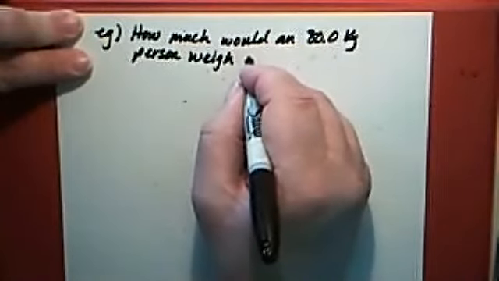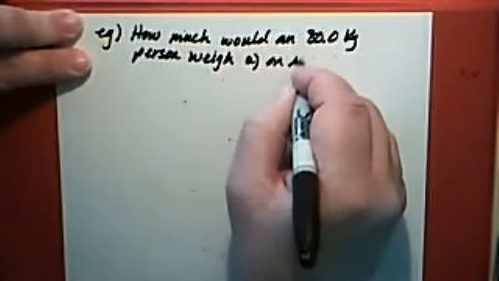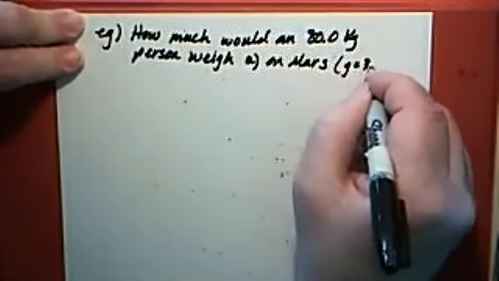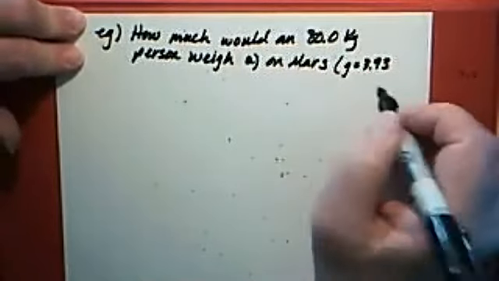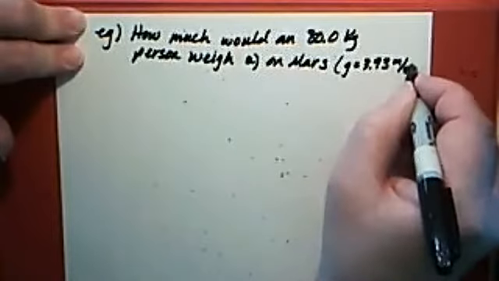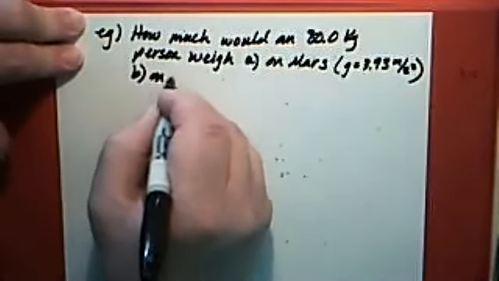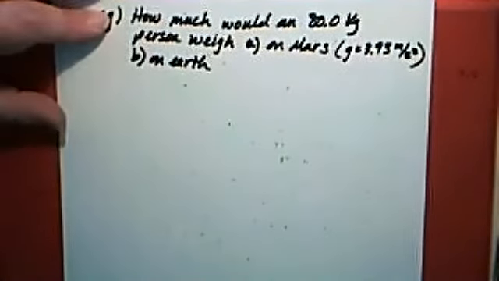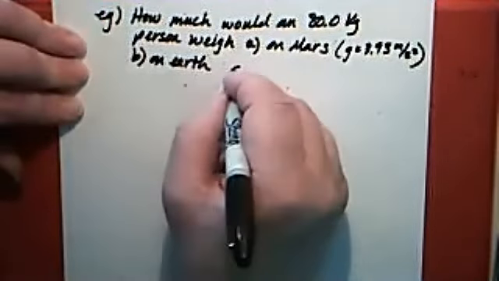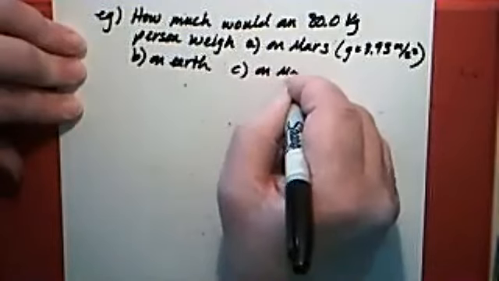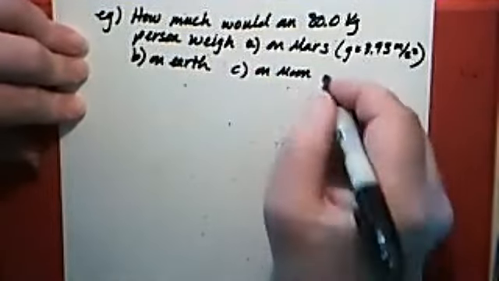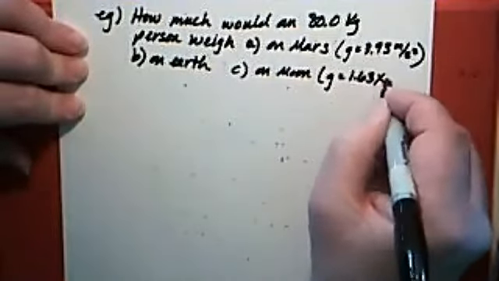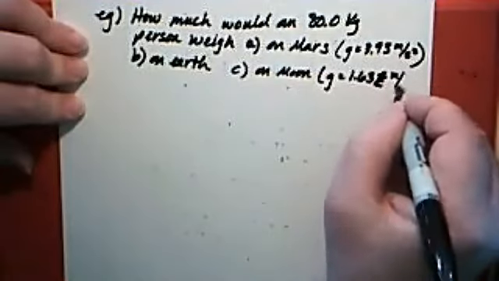First of all, A, on Mars, where the acceleration due to gravity is 3.93 meters per second squared. And B, on Earth. And C, on the moon, our moon that is. And the gravity on the moon is 1.63 meters per second squared.